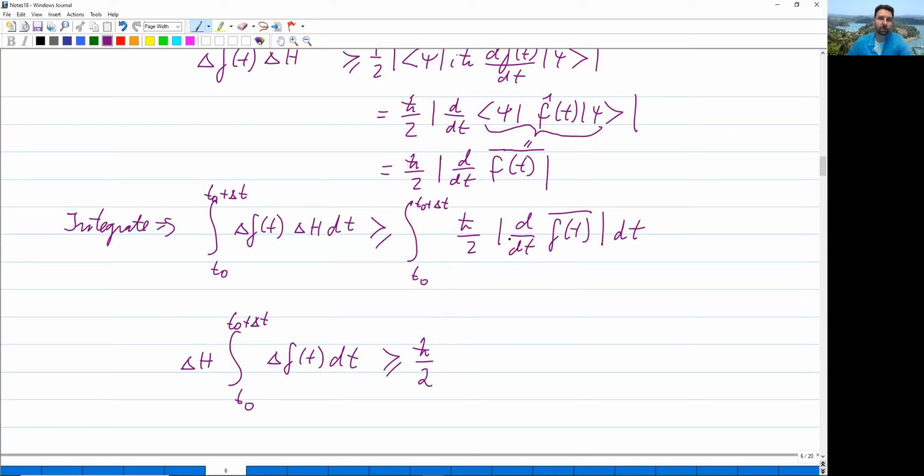So the integral of a derivative is just a function at the endpoints of the integral, right? But no, because there's the absolute value here.